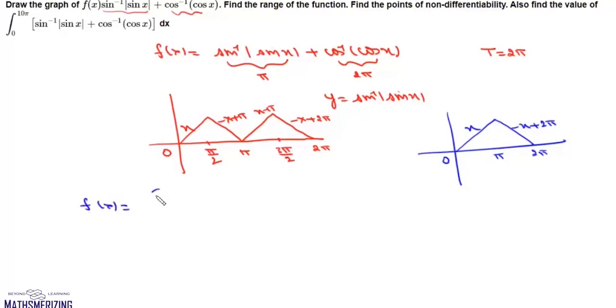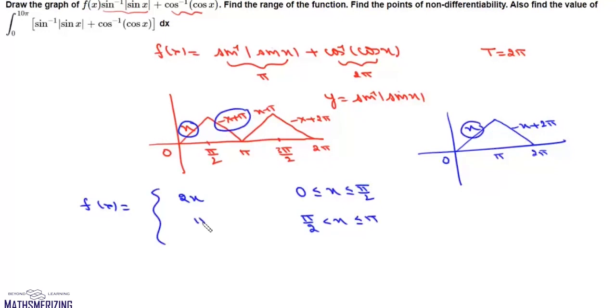Now we'll write the definitions for this function f(x). The first definition is when x lies between 0 to pi by 2. Between 0 to pi by 2, both the definitions are x, so it will be simply 2x. From pi by 2 to pi, here the definition is minus x plus pi, and here it is plus x. So we'll add them, we'll get this as pi.